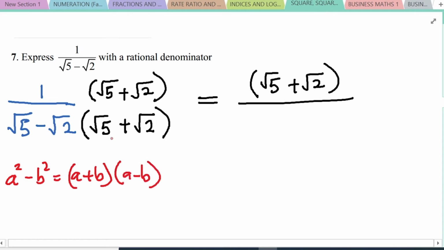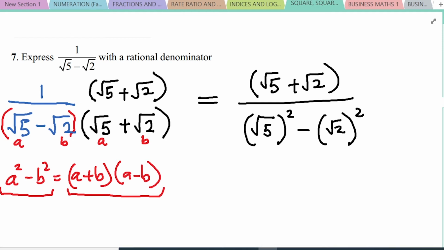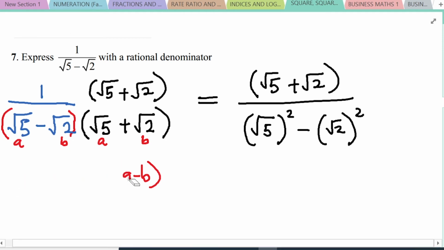So if you see that this is a, that is b, this is also a, this is b, it's like a plus b into a minus b that you're seeing in the denominator. So in our denominator, we can simply say this is the same as root of 5 squared minus root of 2 squared. That is where it's coming from.